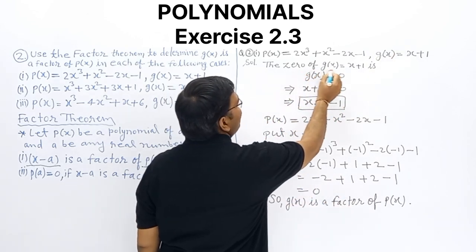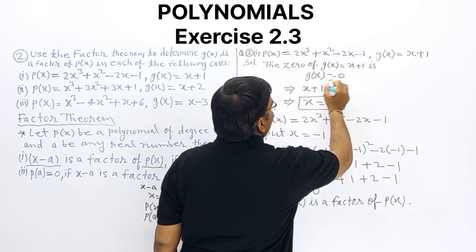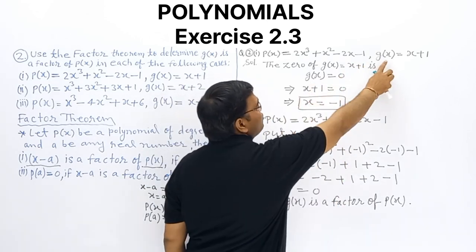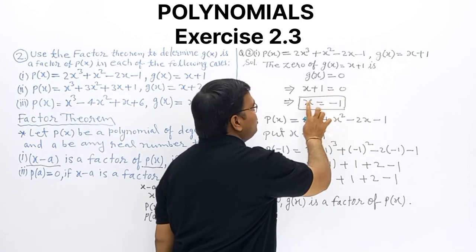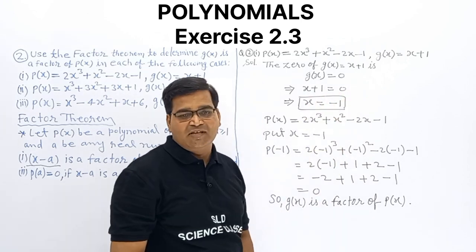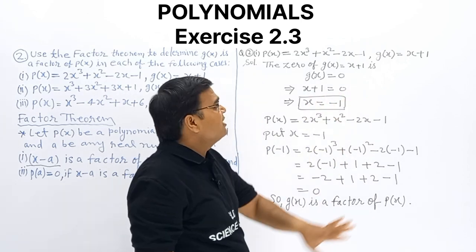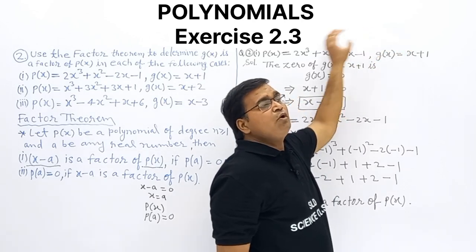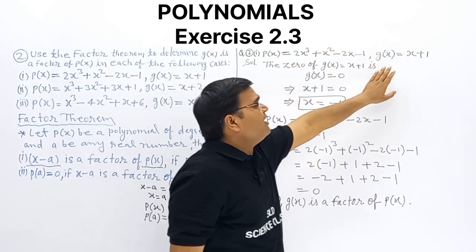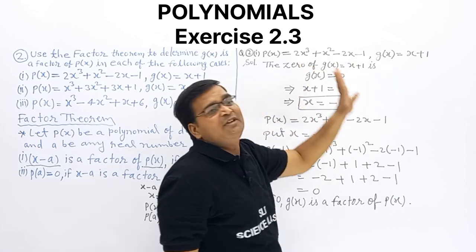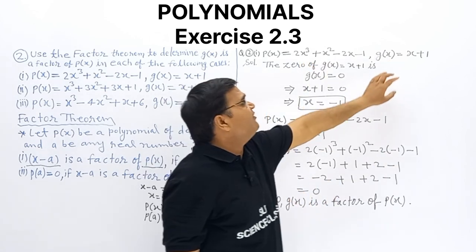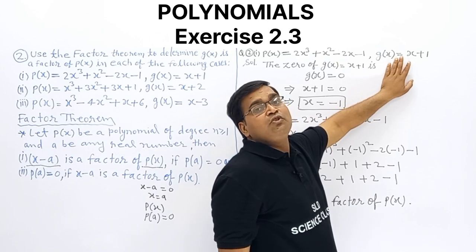We put g of x equal to 0. g of x is x plus 1, so x plus 1 equals 0, giving x equal to minus 1. We want to check whether this factor divides the polynomial, so first we find its zero.